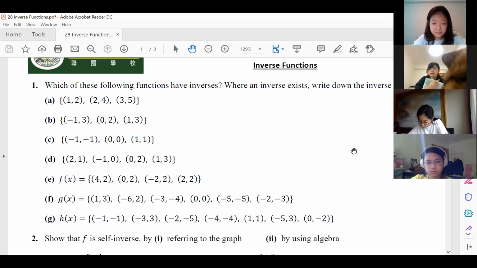It is a function, E, because every x has a unique y. Okay, I'm going to write that blue definition on the board.